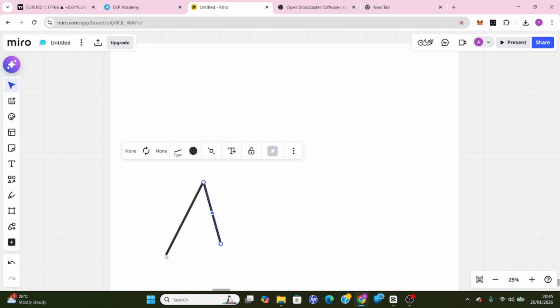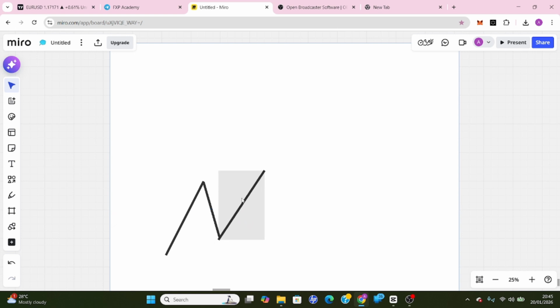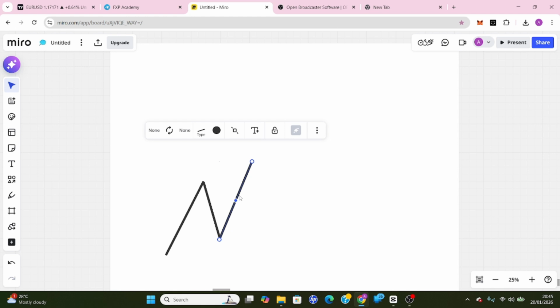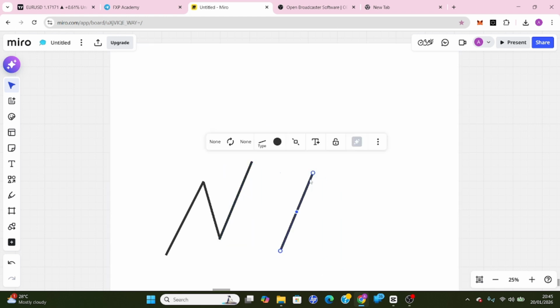This is a bullish trend, right? So hold on, just stay with me. Let me draw this analogy. Let's use it to understand this perfectly because it is going to help you. The earlier you understand this, the better for you guys.